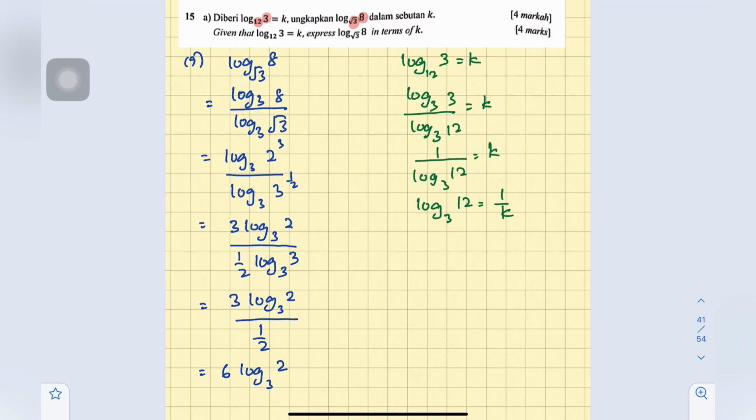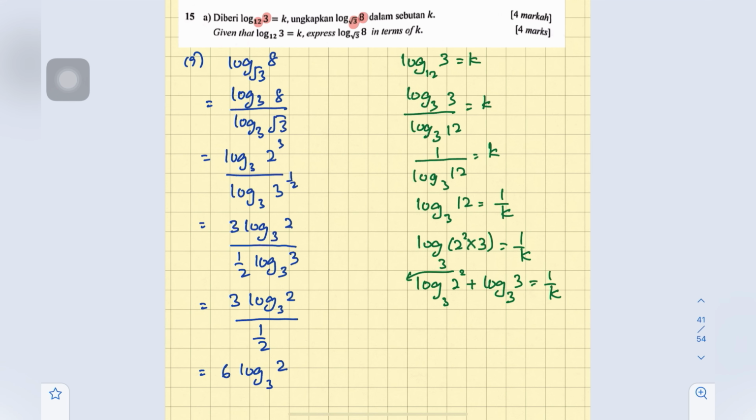Okay, so 12 is 4 times 3, or 2 squared times 3. So log 2 squared times 3, base 3 equals 1 over k. So by using the laws of logarithm, log 2 squared base 3 plus log 3 base 3 equals 1 over k.